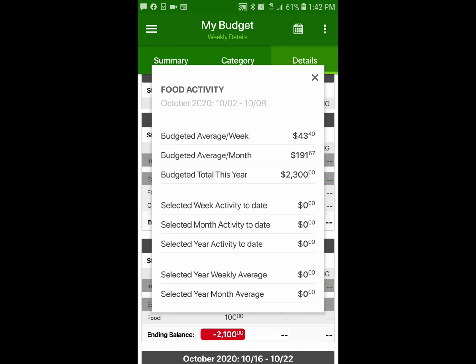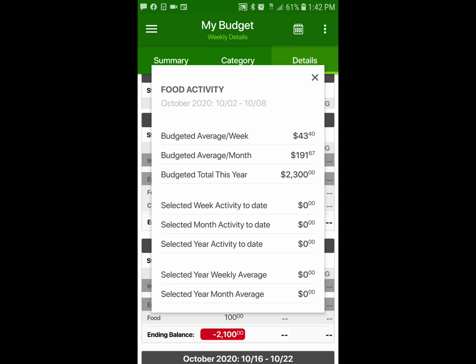So technically, this is showing that we've averaged $43.40 for the whole year, even though our budget's only started for half of a year. And then you notice here, budgeted average per month is $191. And then the total budgeted for this year, you've budgeted $2,300 total for food for this year.